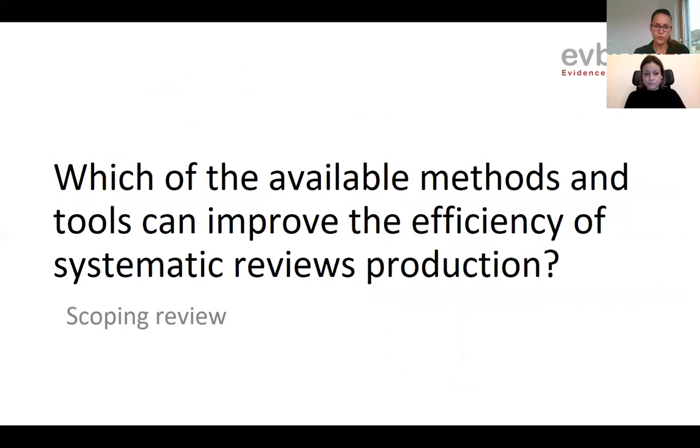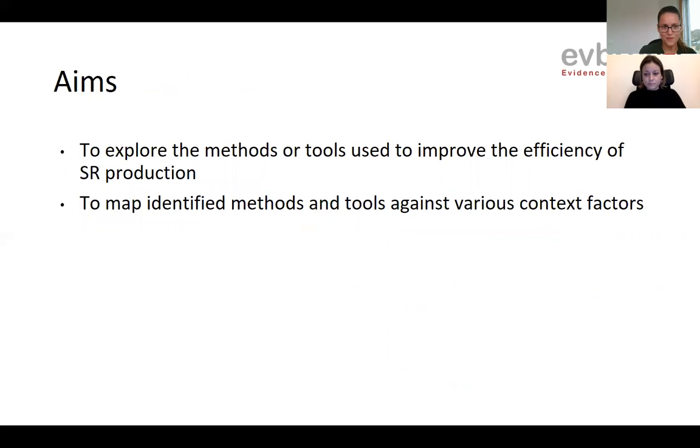For the second scoping review, which is focusing on the available methods and tools that can improve the efficiency of systematic review production, the aims of the scoping review are to explore the methods or tools used to improve the efficiency of SR production and to map the identified methods and tools against various context factors.